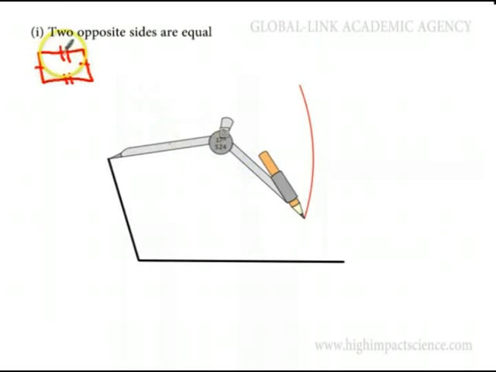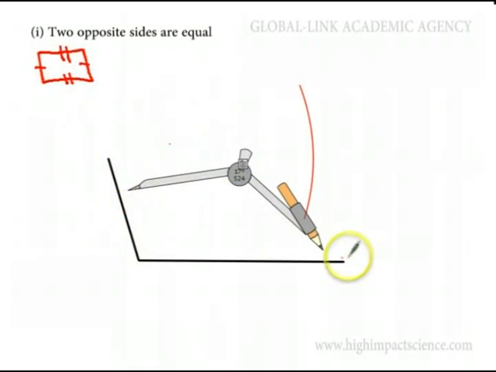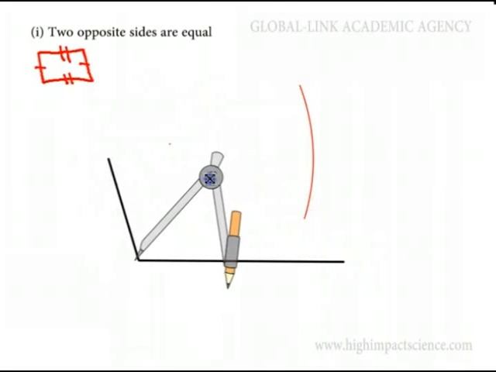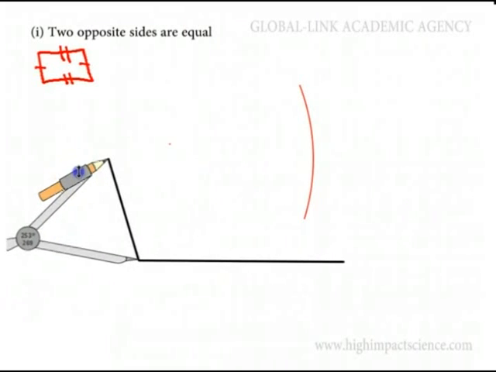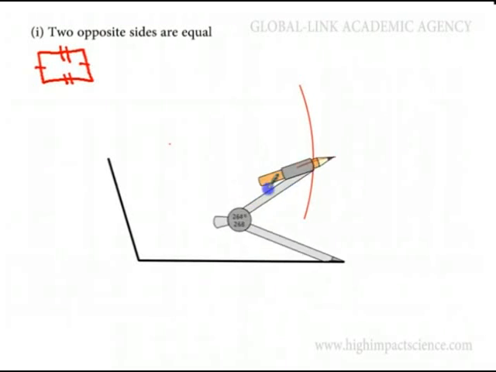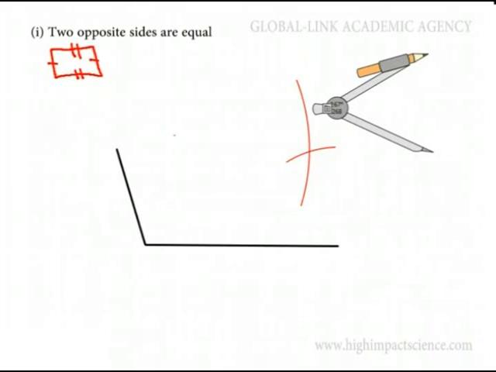So my point will be somewhere on that arc. Then I will copy this other side. I will measure this point and copy it here. And that's my point. So I just need to draw the two lines and have my figure complete.